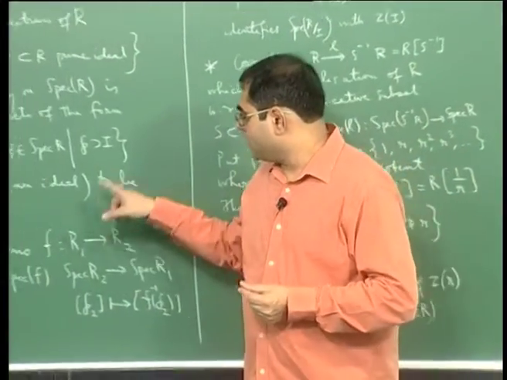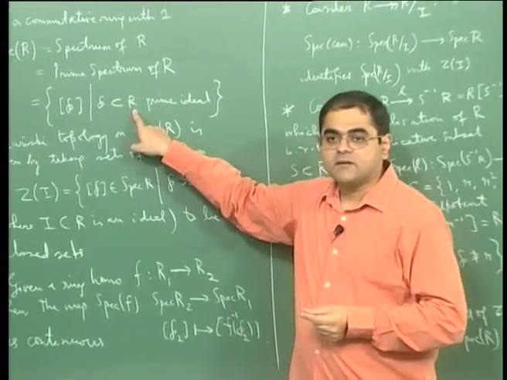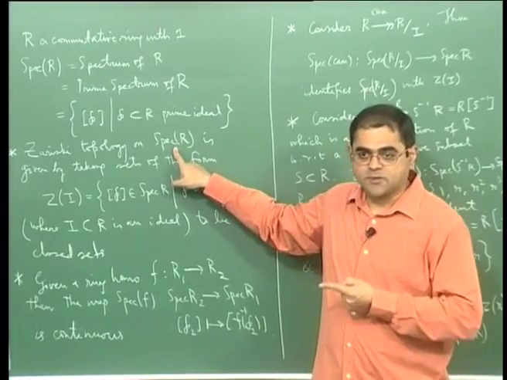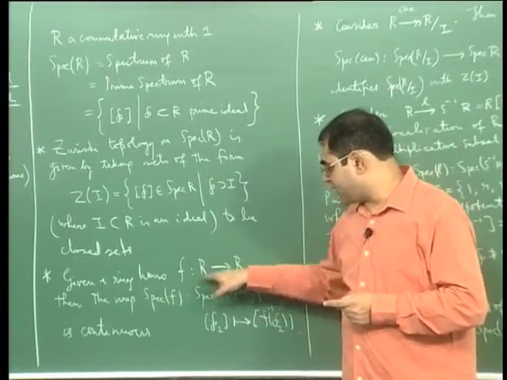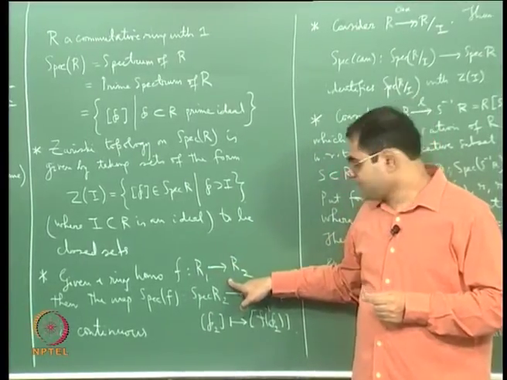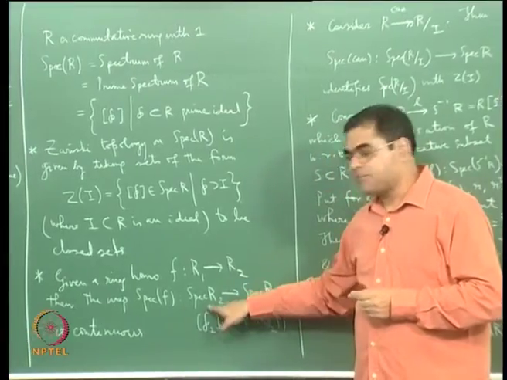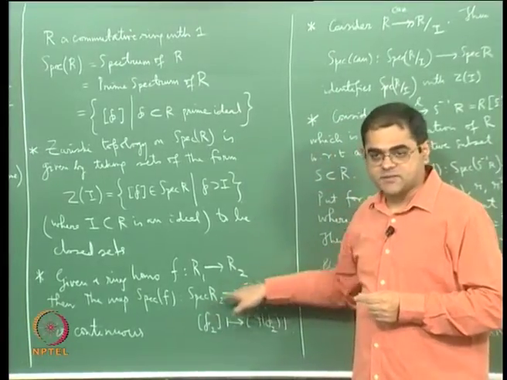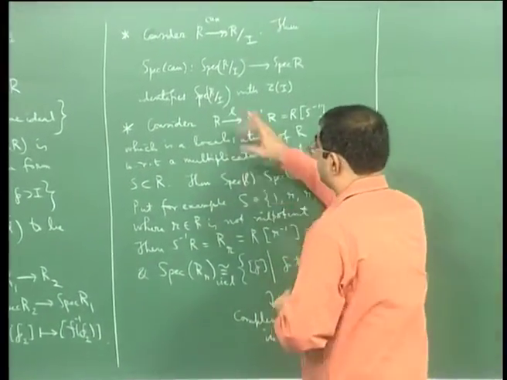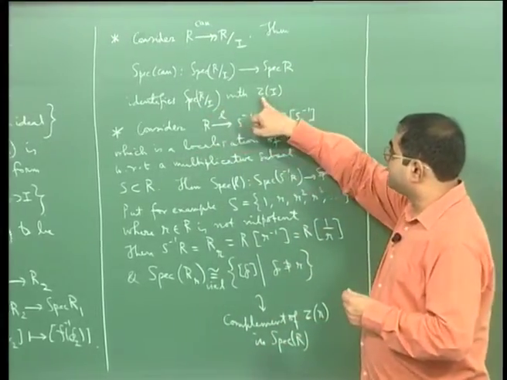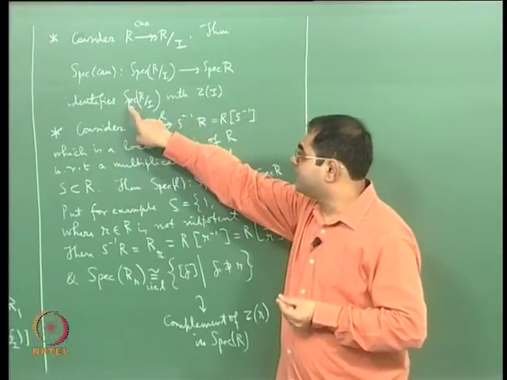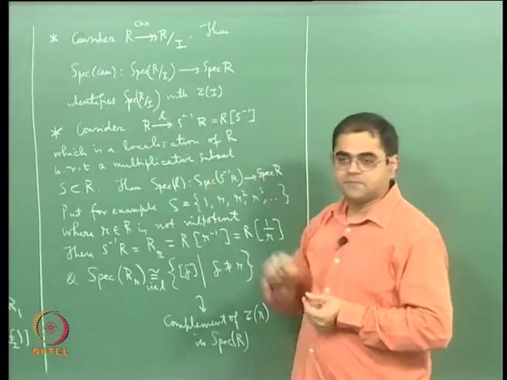So what it does is that to every commutative ring R with 1, it associates Spec R, which is a topological space given the Zariski topology, and to every ring homomorphism which takes 1 to 1, it associates a continuous map in the reverse direction of the corresponding topological spaces. So it is a contravariant functor, okay. And the point that I want to recall is that if you take the closed subset Z of I, that itself is a spectrum, and it is actually identified with the spectrum of the quotient of R by I, okay.